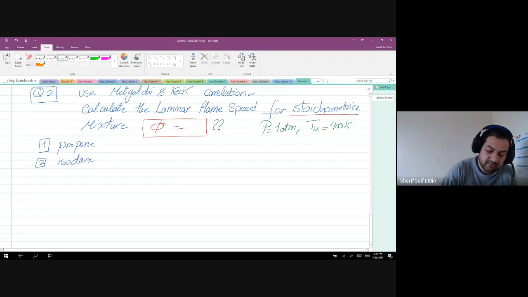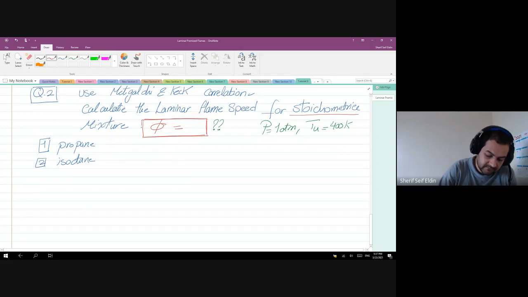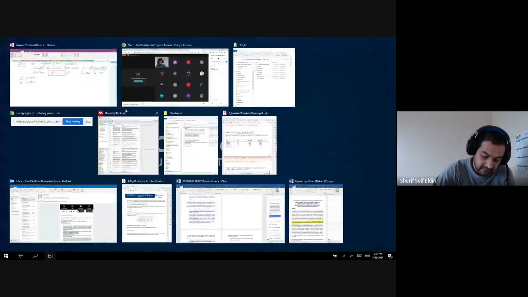When we say stoichiometric, what will be phi, the equivalence ratio? The equivalence ratio is the operating condition for any laminar flame. All right, so what is phi in this case? I don't see the chat if you're writing in the chat box.